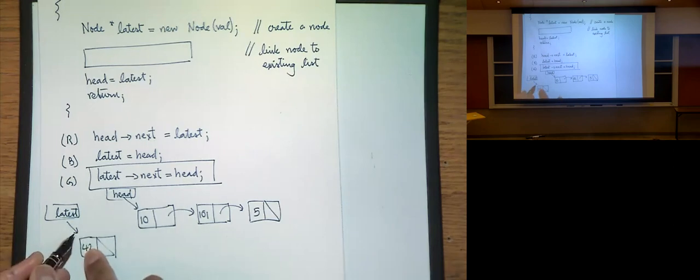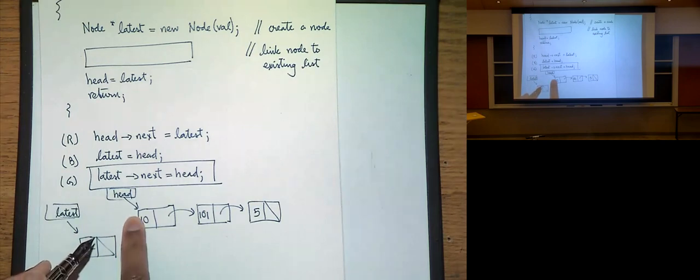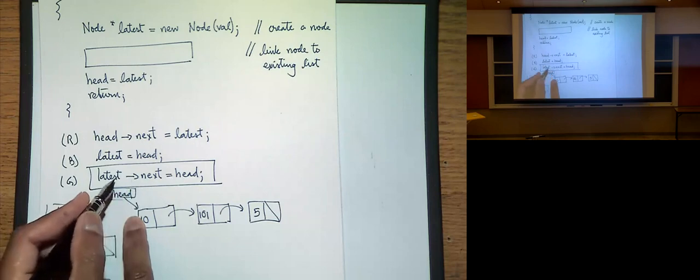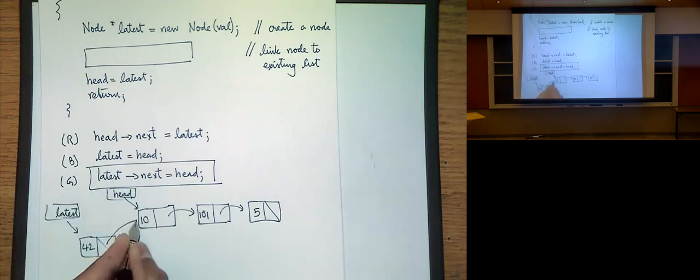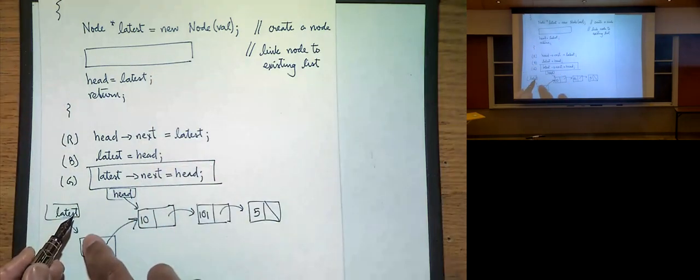So latest arrow next is that pointer there, which is currently null. So you set latest arrow next to be head. And if you did that, on running this line colored green, this will point to that. Then you have to reset the head pointer. The head pointer now needs to be equal to latest.